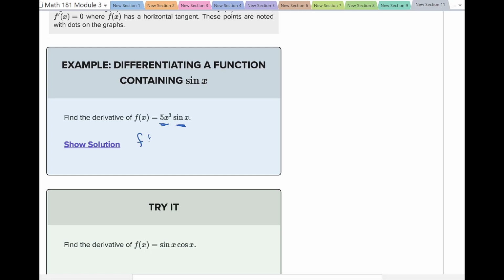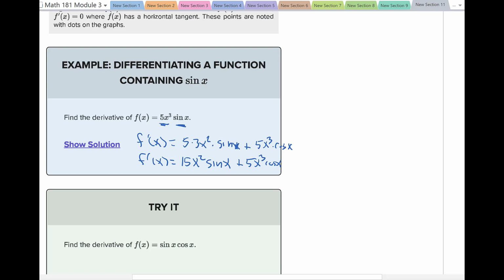So our f prime of x is going to be 5 times 3x squared times sine x plus 5x cubed times cosine x. So our derivative is 15x squared sine x plus 5x cubed cosine x. That's it.